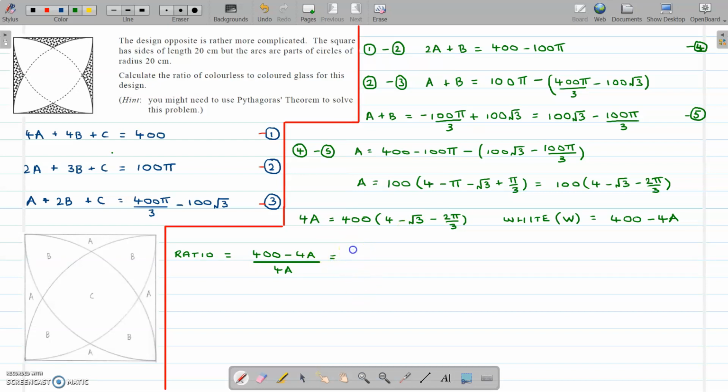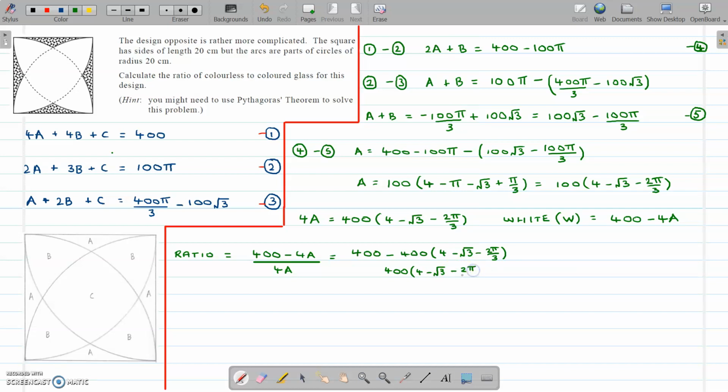Now what I'm going to do is write that next to it here. So it's going to be 400 minus 400 lots of (4 minus root 3 minus 2 pi over 3), and all of that is divided by 400 times (4 minus root 3 minus 2 pi over 3).